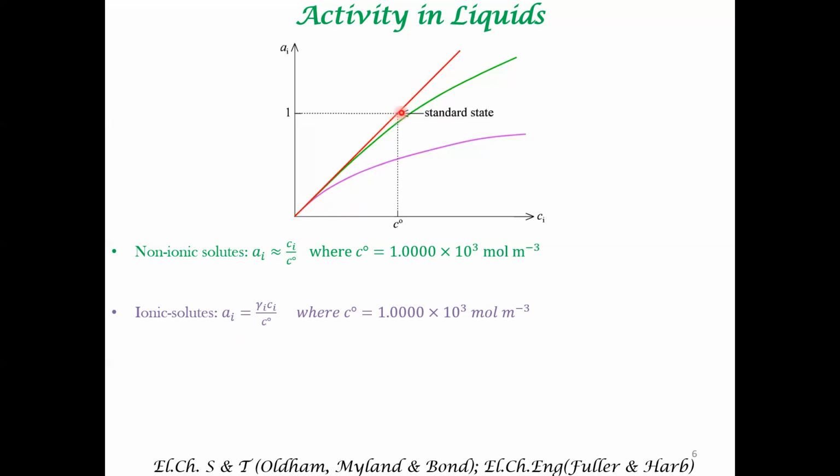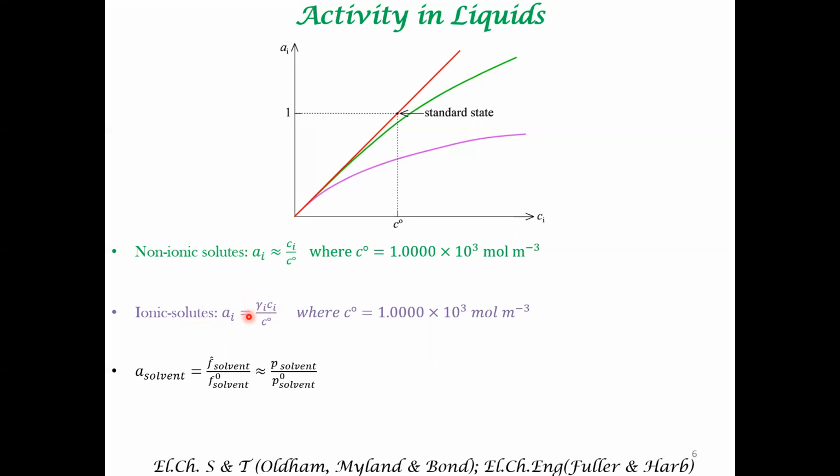When we are discussing deviation from this linear line, we are discussing the solute-solute interaction. The greater the solute-solute interaction, the greater is the deviation from this linear line. So the take-home message here is that to know the activity of an ionic solute, I should have a good model for gamma i, which is the activity coefficient.